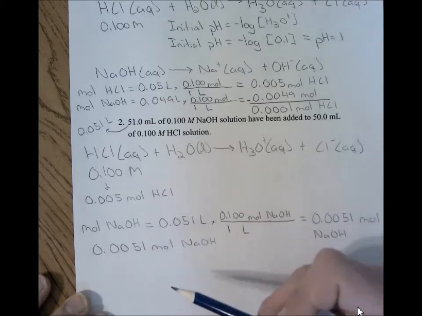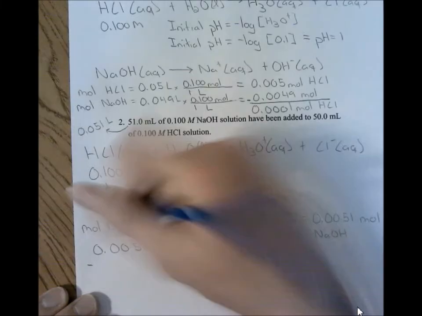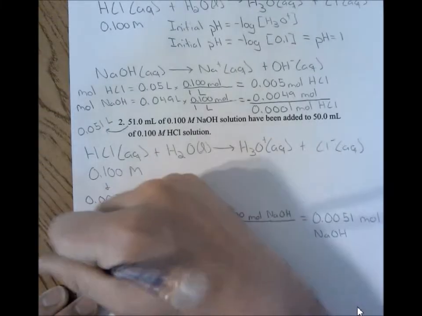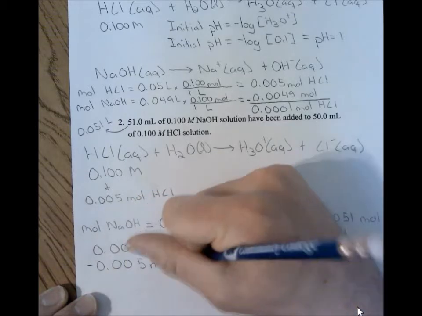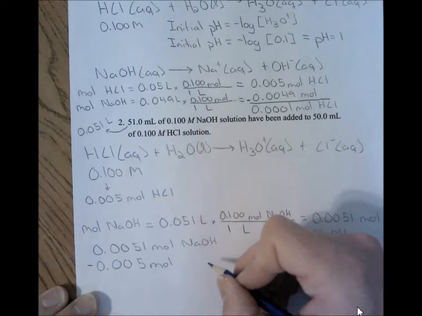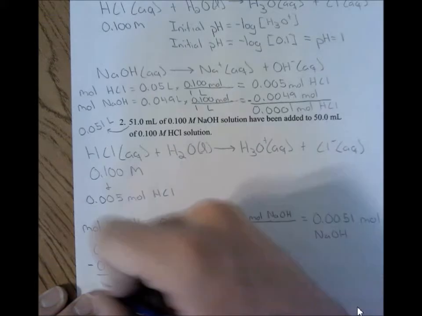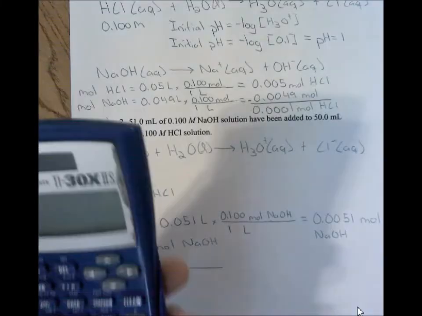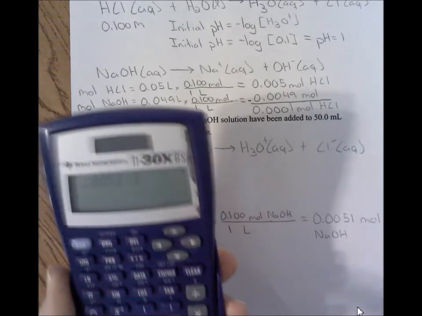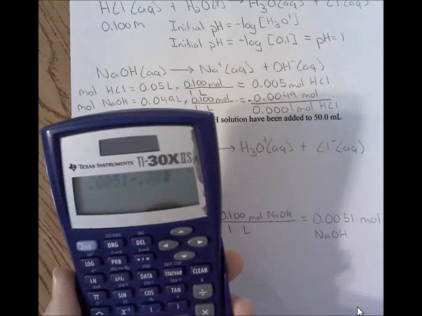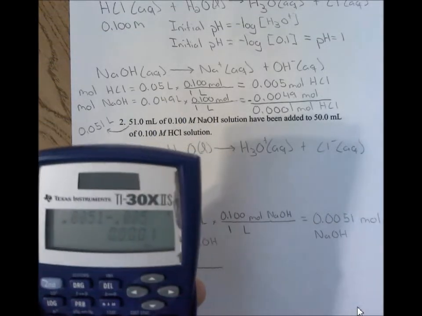So we subtract out our number of moles of the acid that we used. I can perform the calculation here: we had 0.0051 moles, we utilized 0.005 moles, or reacted with that, and we're left with 0.0001 moles of NaOH.